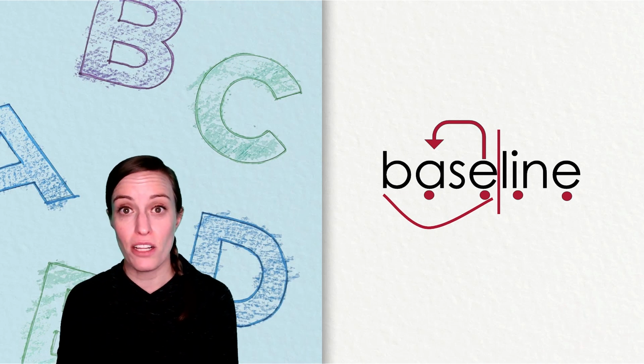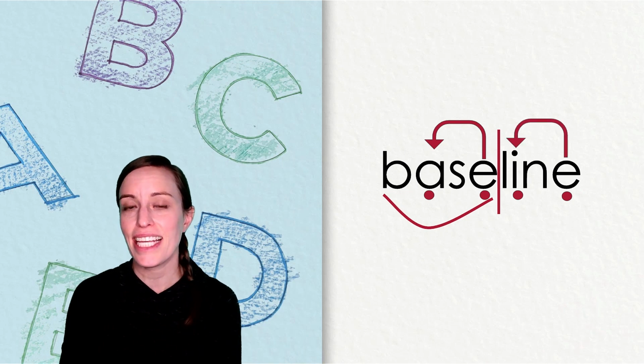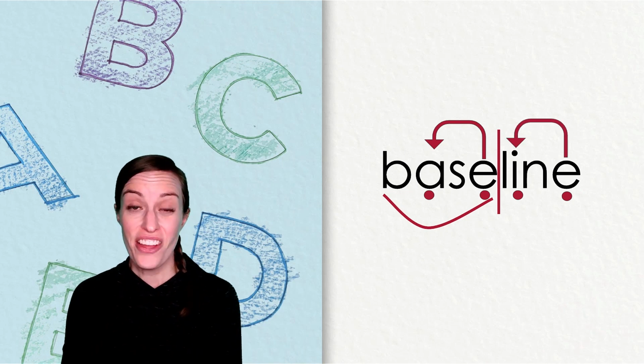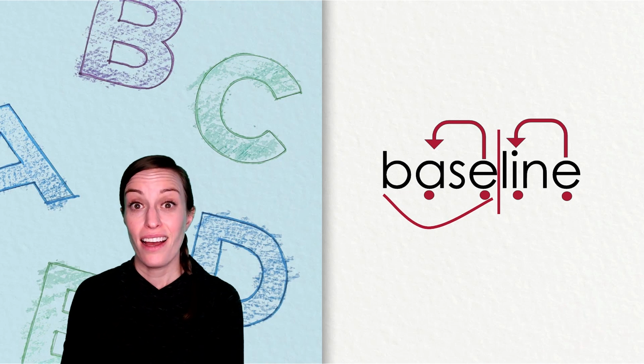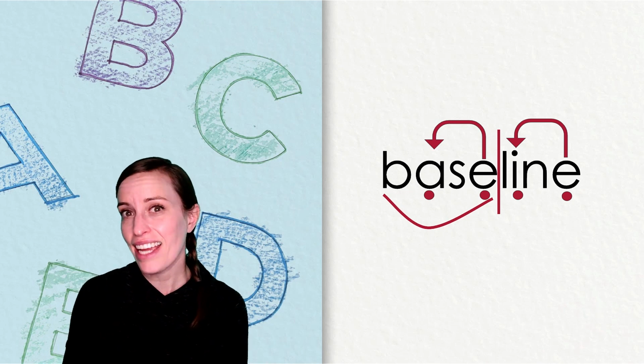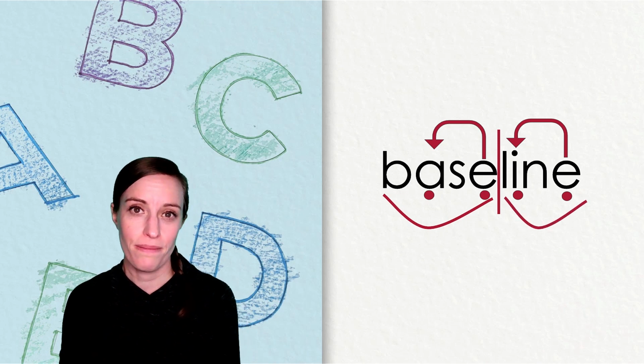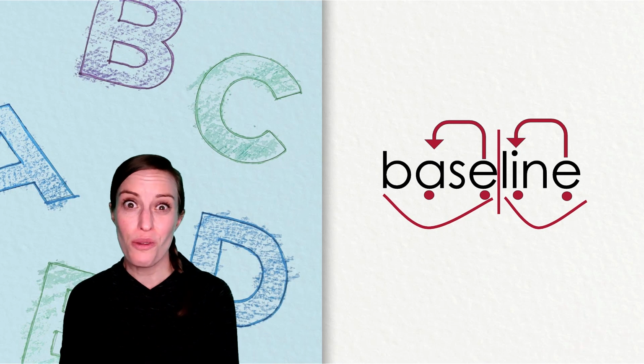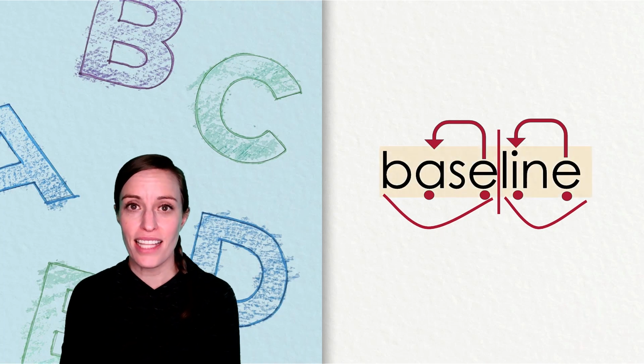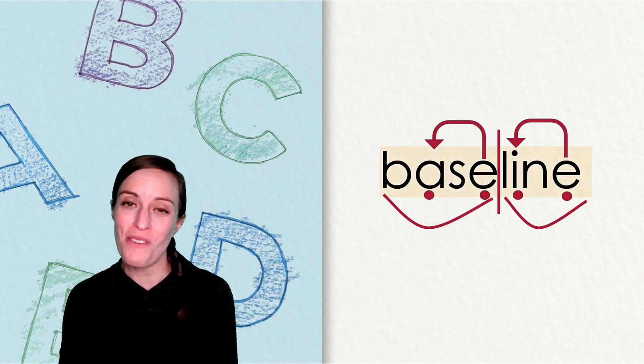In the second syllable, I see that CVCE pattern again. There's another silent E. This time it's telling the I to say I. So the second syllable must be line. Let's put those 2 syllables together to read the whole word. Base, line, baseline. That's a compound word. Way to go!